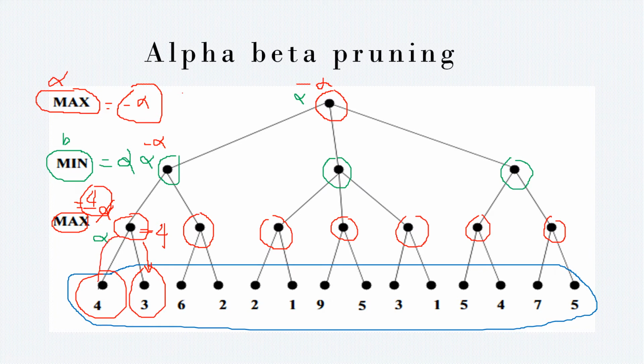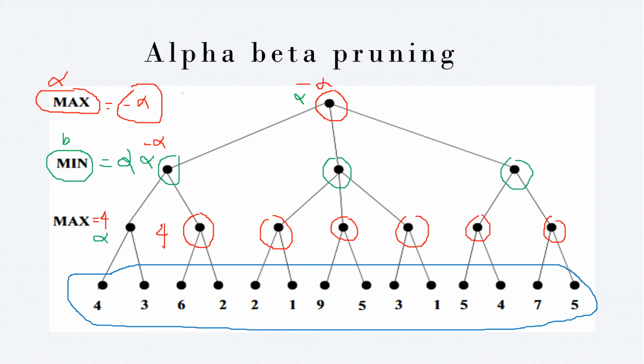This value will come to this node. Now I will erase these circles. So at this node, the value of Max is equal to 4. It has changed from negative infinity to 4, and the value of the node is equal to 4.